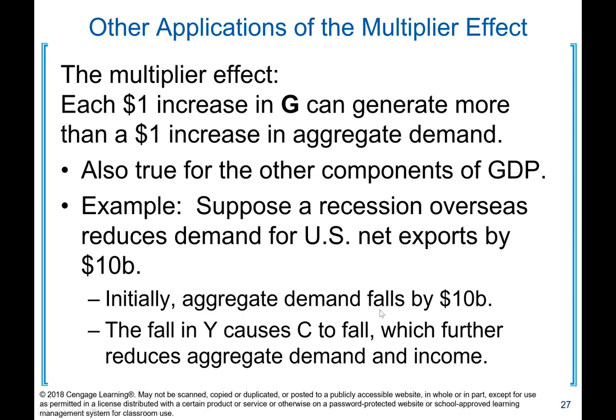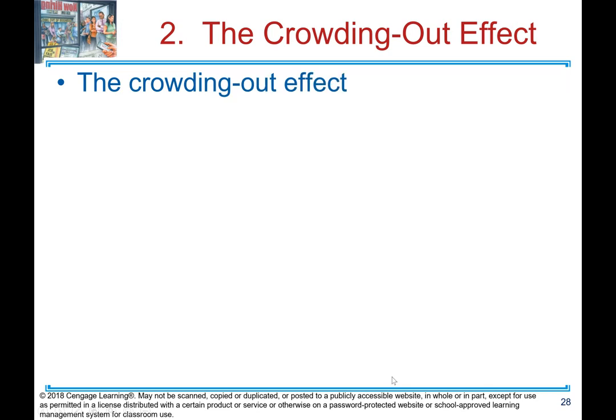Initially, aggregate demand falls by $10 billion because net exports are part of aggregate demand. The fall in output or income causes consumption to fall, which further reduces aggregate demand and income.